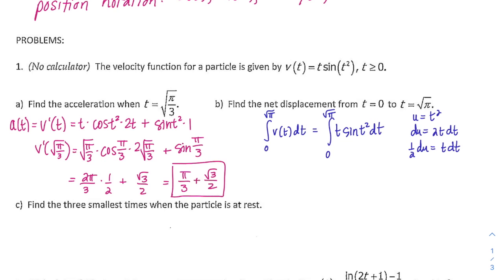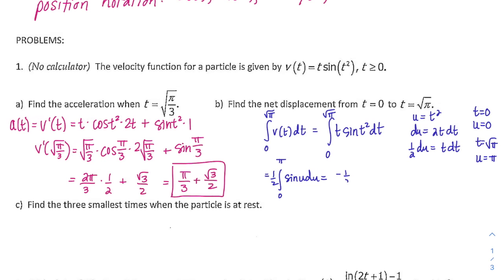When I do u-substitutions, I also like to change my bounds. So when t equals 0, u is going to be 0. And when t equals radical pi, my u value is going to be pi. So really what we're doing is the integral from 0 to pi, 1/2 out in front, sine of u du.